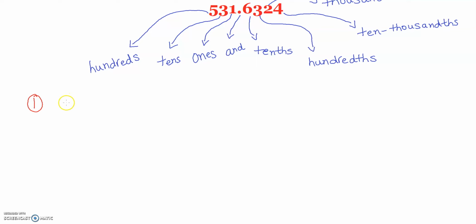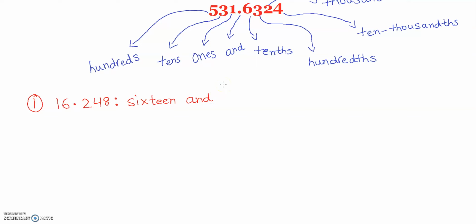We have 16.248. If we have to write it down in the word form, we will do 16, because that's the first two digits. There is a decimal point, I'm going to write "and."